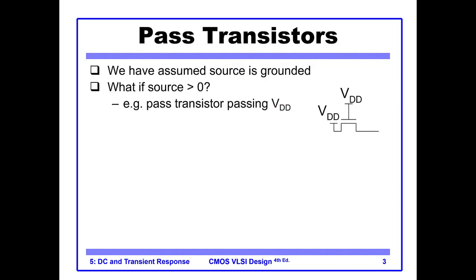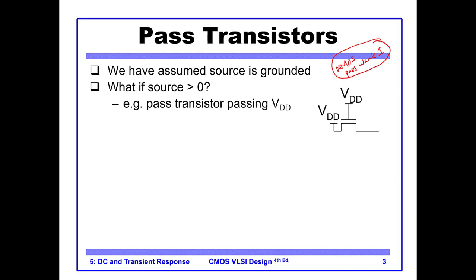Okay, so pass transistors. Now if you remember, we always used to say that the NMOS passes a weak one. This slide is the reason why it passes a weak one.